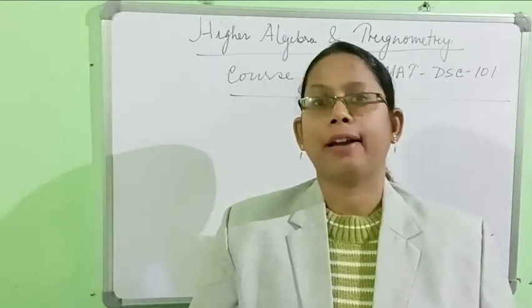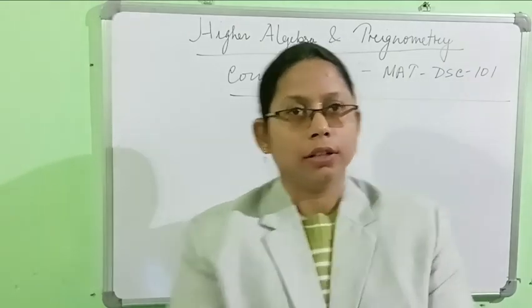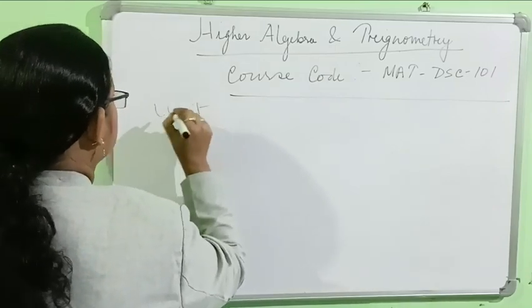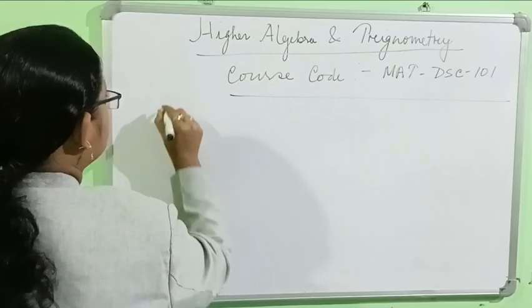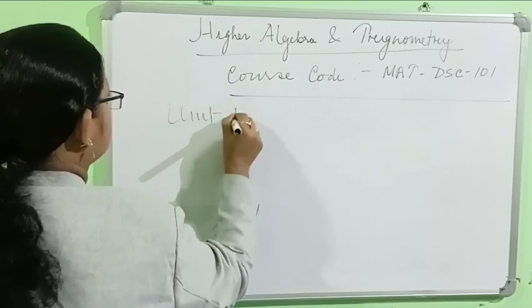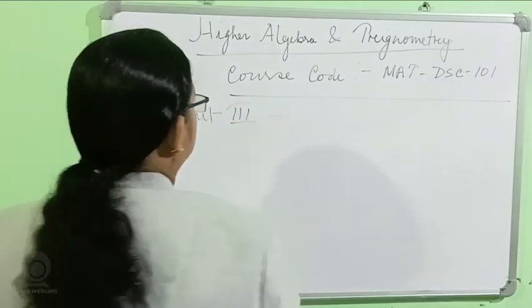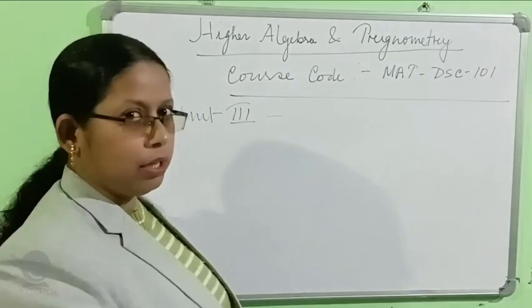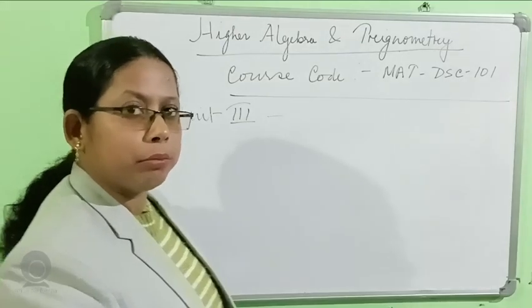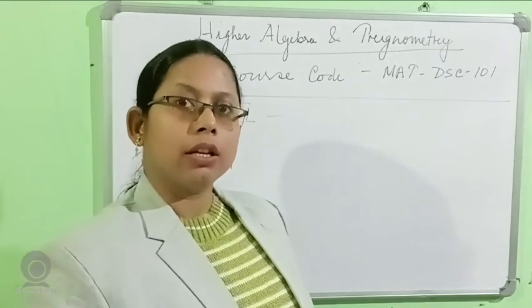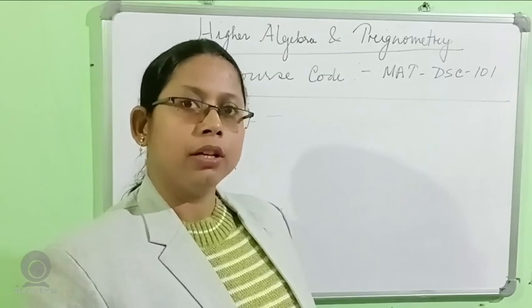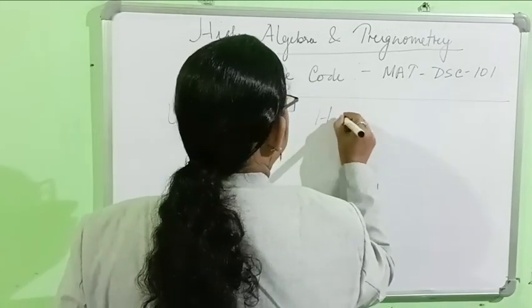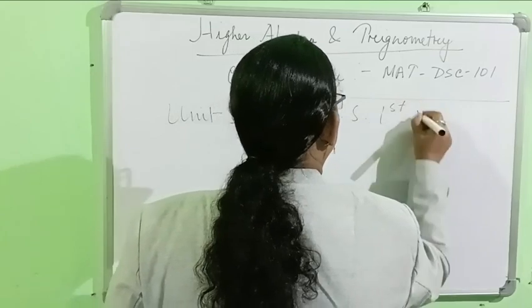For study of higher algebra, unit 3 is for the first half part, mathematical logic, in the first year textbook, NCERT textbook.